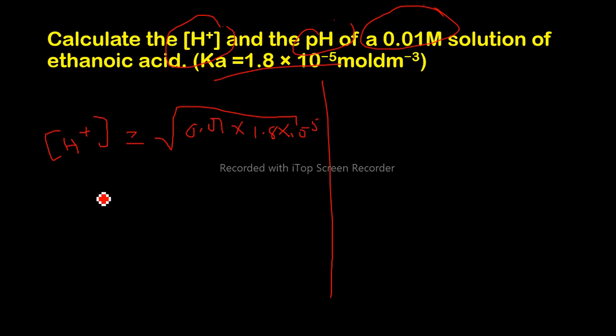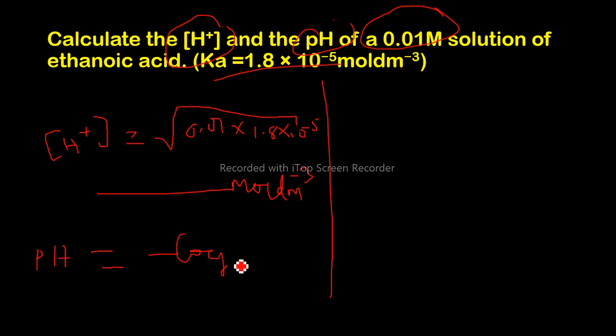So you get the concentration of hydrogen ions in mole per decimeter cubed. And then from this we can get our pH as negative log of the concentration. So what's the answer here?